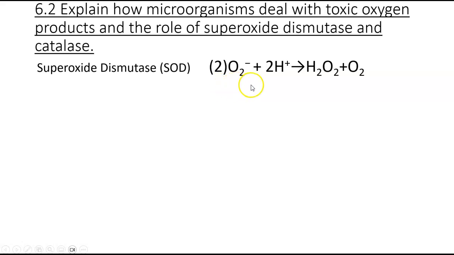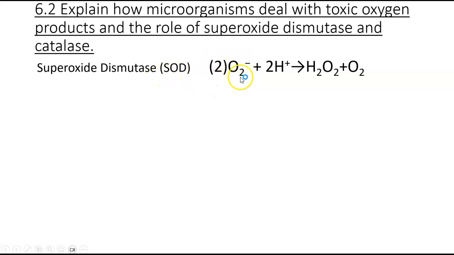So what happens is these free radicals interact with hydrogen. You don't even have to know that. But there's an enzyme that takes these and neutralizes them and turns them into, anybody know what H2O2 is? Hydrogen peroxide plus oxygen. So there's this enzyme called superoxide dismutase, SOD.